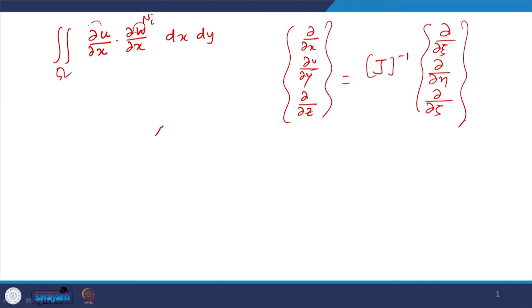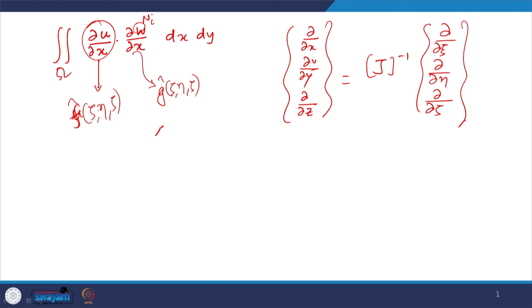So, this will become a function of xi, eta and zeta, and this will also be a function of xi, eta and zeta, again Cartesian derivatives.